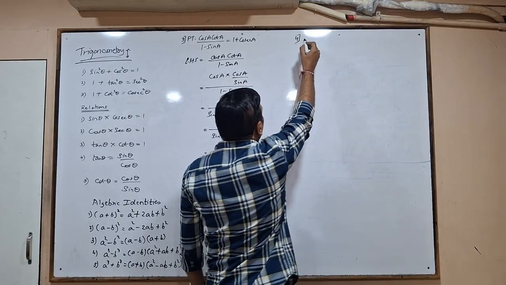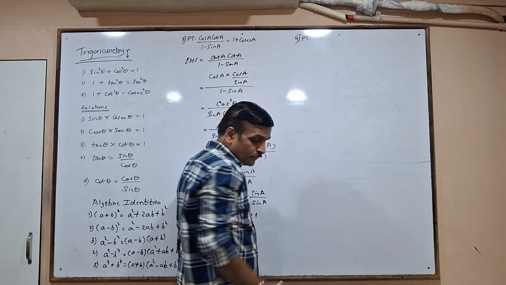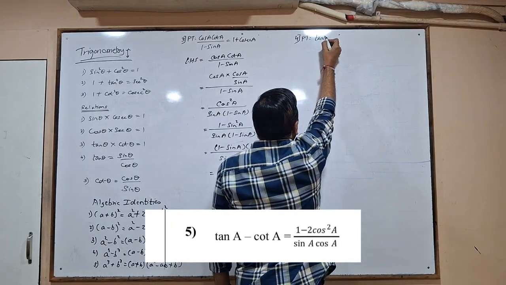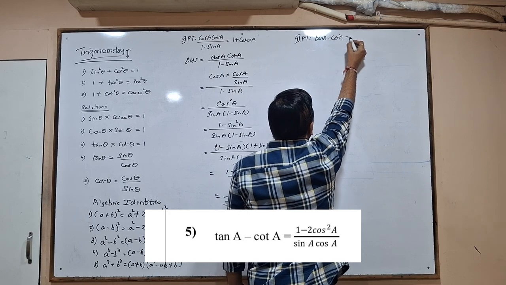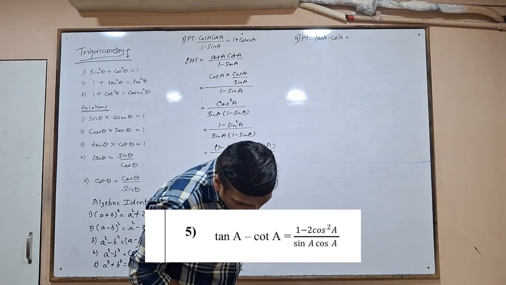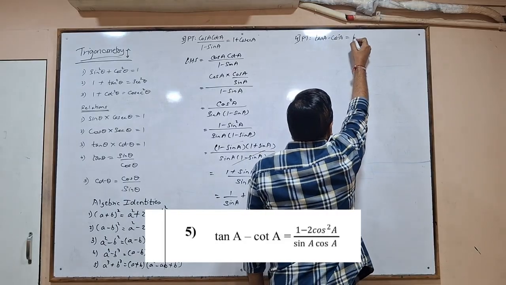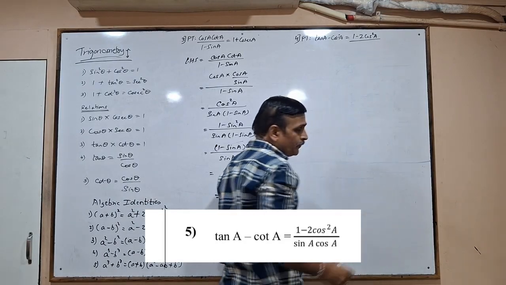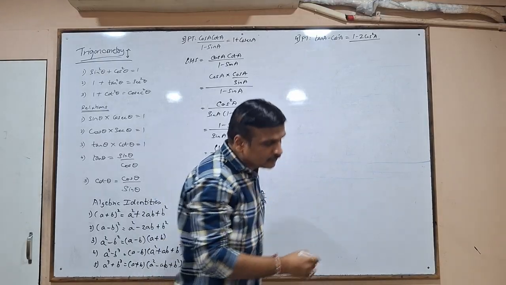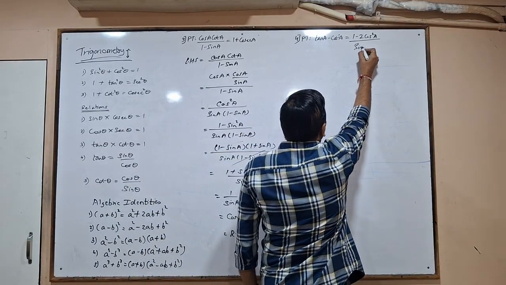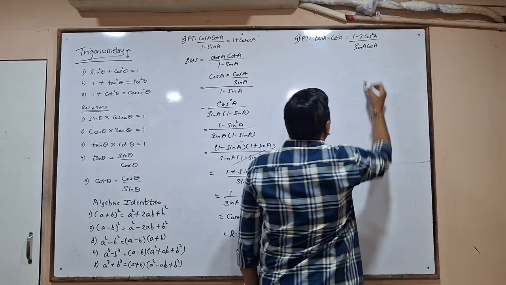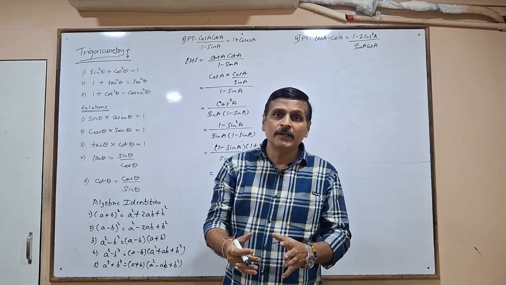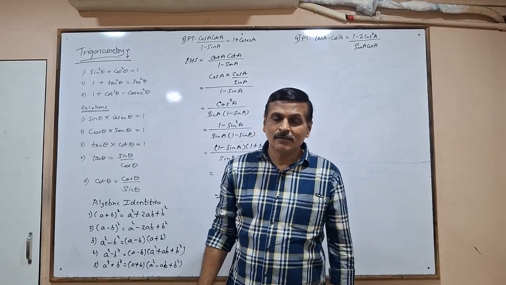Fourth one. Prove that tan A minus cot A is equal to 1 minus 2 cos square A upon sin A into cos A. Now here the denominator is in RHS.